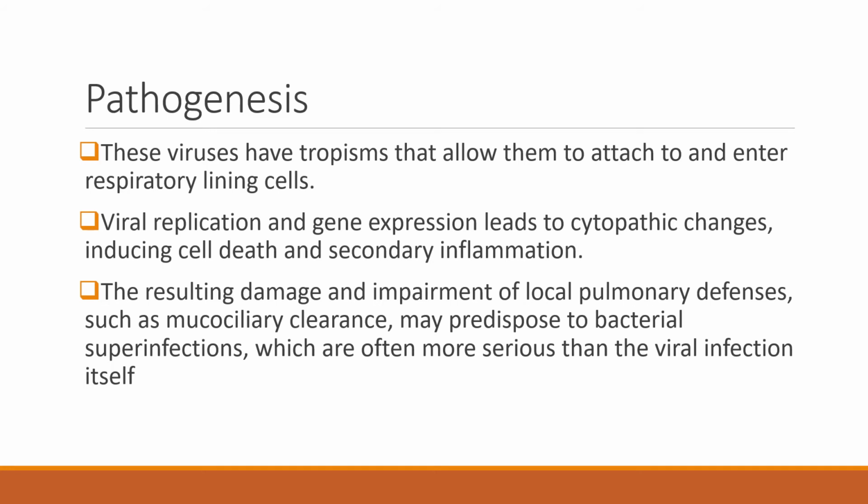This secondary inflammation leads to damage to the local pulmonary defense mechanisms, such as mucociliary clearance, and predisposes to superimposed infections by bacteria. And these superimposed infections are more serious than the viral infection alone.